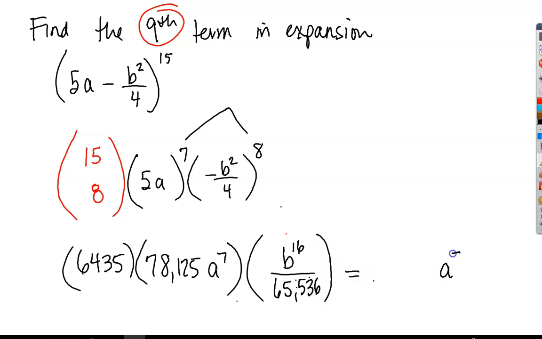I know it's going to be a to the 7th, b to the 16th, and then I'm going to multiply these two and divide by that. So that's going to take me just a moment to plug in. And I will leave it as a fraction in reduced form. Oh, it doesn't come out very nice. I'm not sure if the fraction was so nasty, but let me try it one more time.